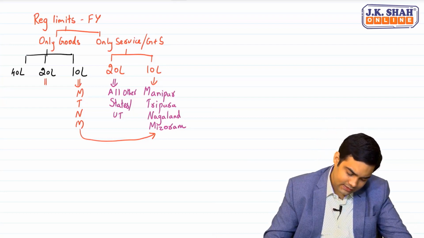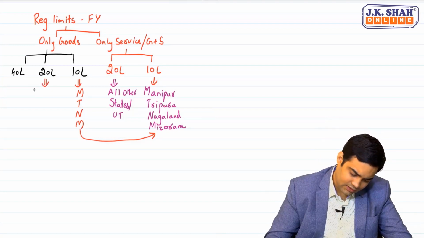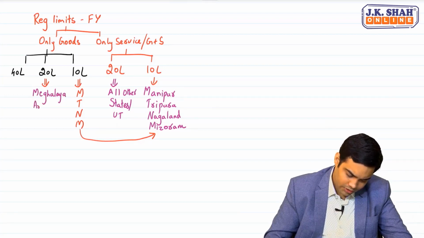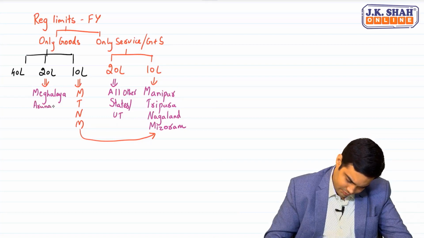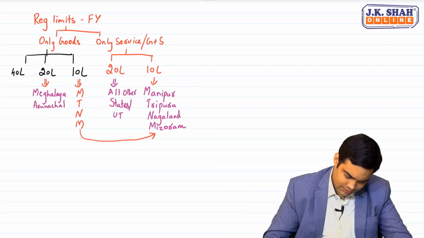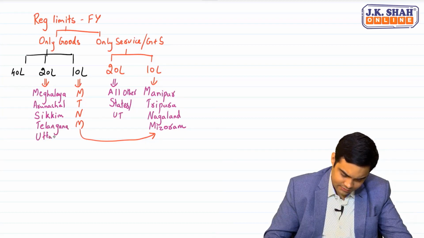20 lakh is for 6 states. Now, which are these 6 states? Meghalaya, Arunachal Pradesh, Sikkim, Telangana, Uttarakhand, and finally Puducherry.